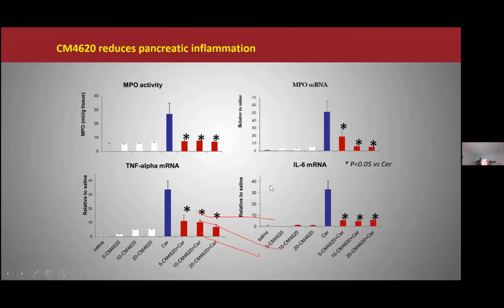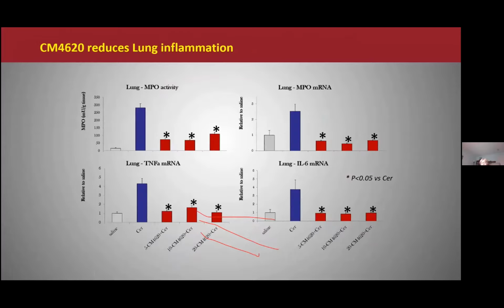For each of these inflammatory signals, the CM compound, at all the doses we used, markedly decreased them. The same was true for lung inflammatory responses measured by the same signals. With cerulein treatment there was a marked increase, and these were dramatically decreased with the CM compound.